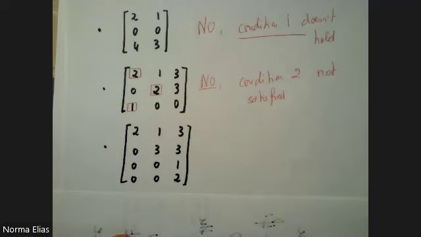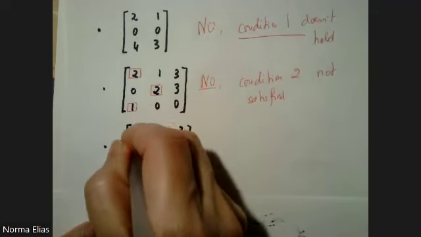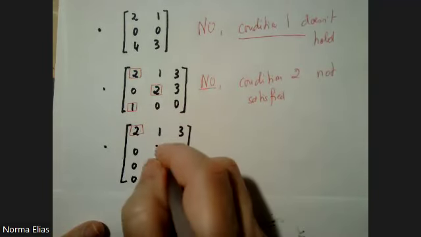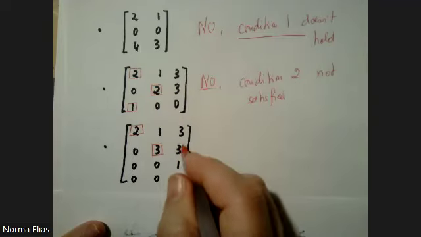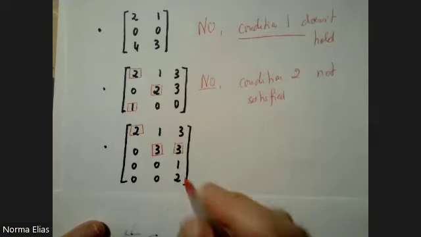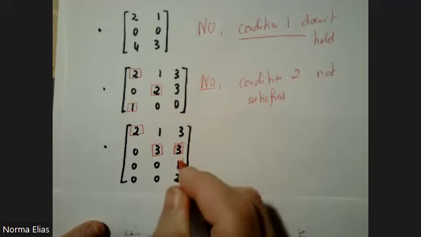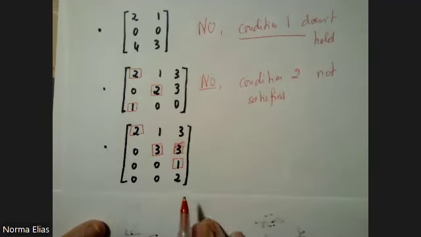Again, which condition is not satisfied? 2? Let's see. That's the leading entry. That's the leading entry to the right, no problem. That's the leading entry to the right, no problem. And that's, sorry, my apology, that's the leading entry. So which condition is not satisfied?